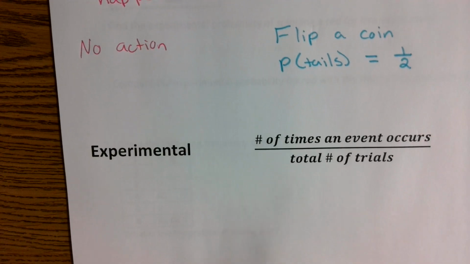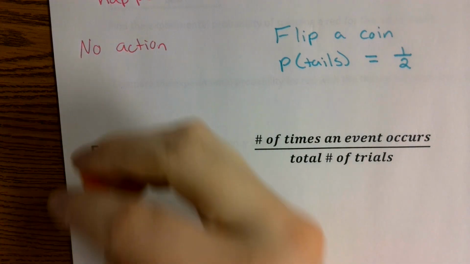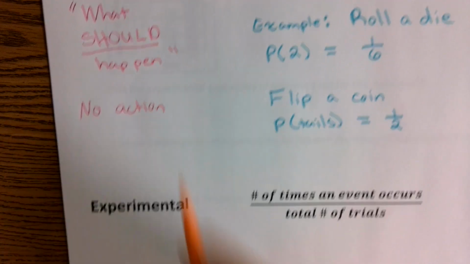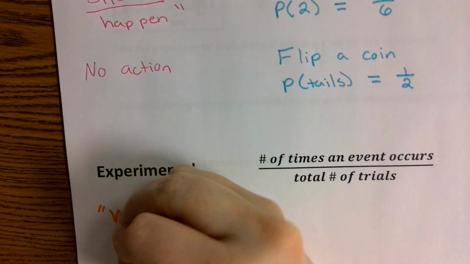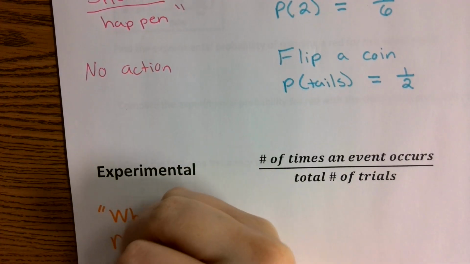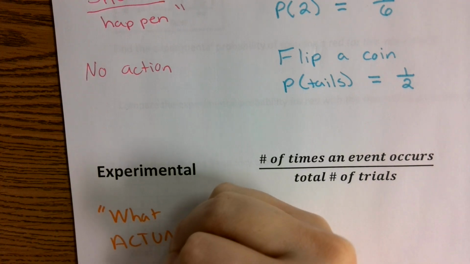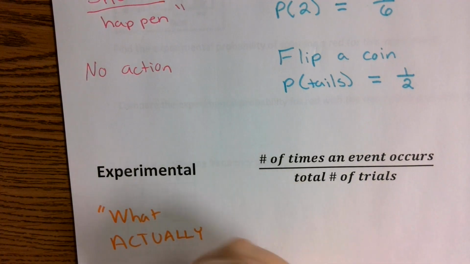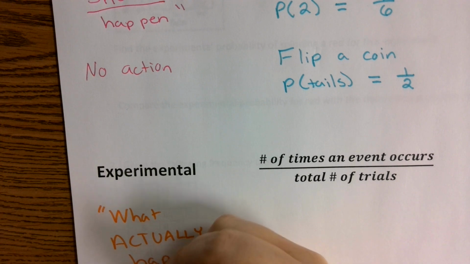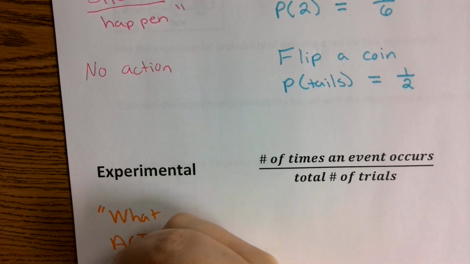Then we have experimental probability. With experimental probability, there is action. Action is required. Instead of what should happen, with experimental probability, we call it what actually happens. You want to write this stuff down. This is going to be on your assignment today.